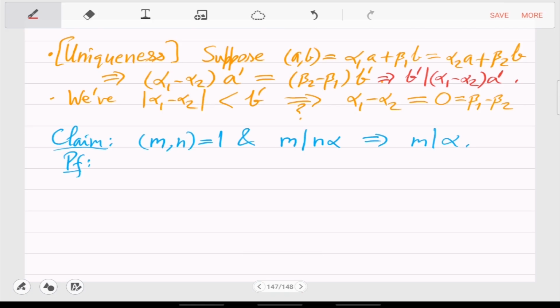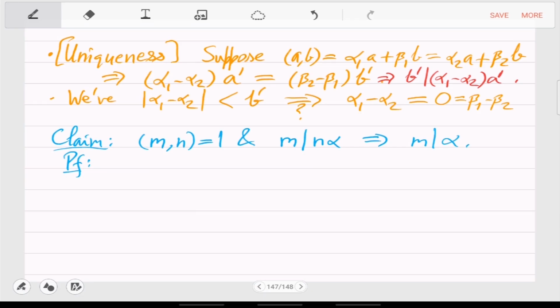So okay, how do you prove this claim? This is a very basic property of numbers. How do you show this? Sorry?